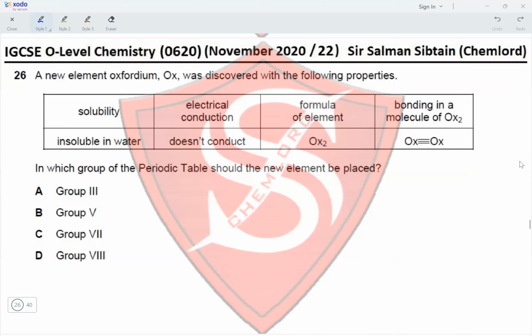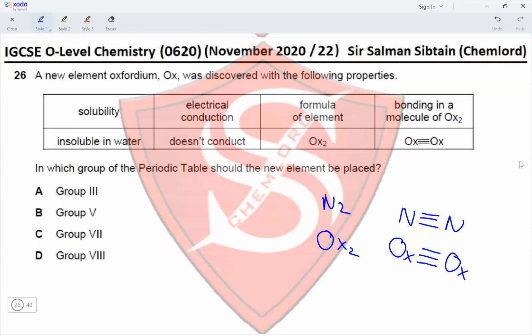So if its formula is OX2 and it forms a triple bond, a triple bond is formed by two nitrogen atoms. So OX and nitrogen have similar bonding. Nitrogen is N2, OX is OX2. Nitrogen doesn't conduct electricity, OX2 doesn't conduct electricity.